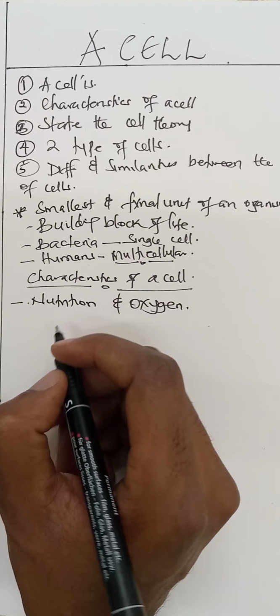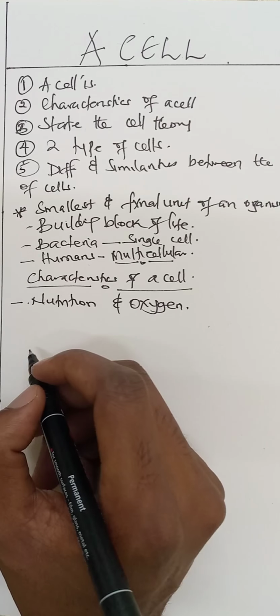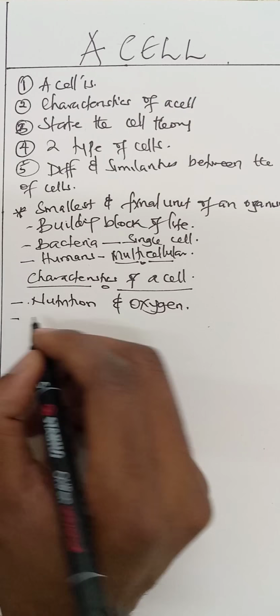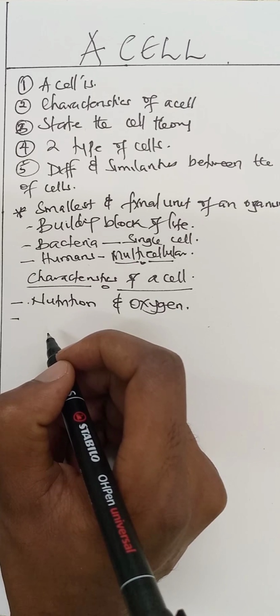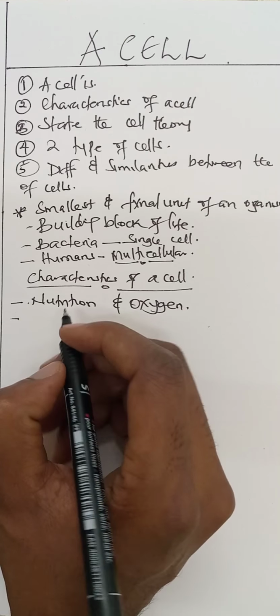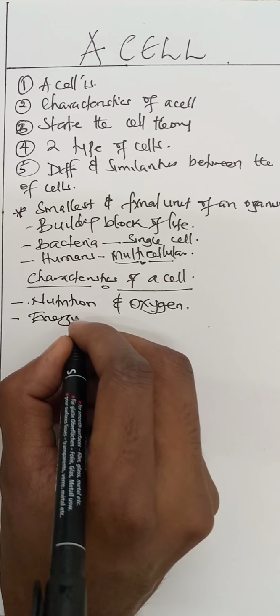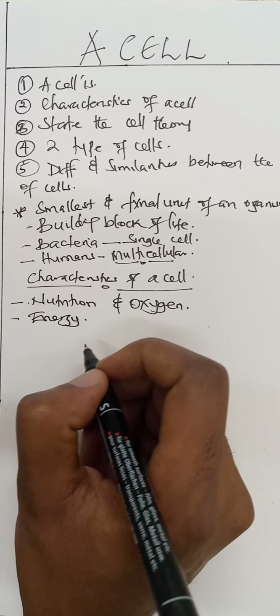They require nutrition, of course, for survival, like glucose and oxygen. Number 2, a cell produces its own energy, and this energy is very important for its growth.